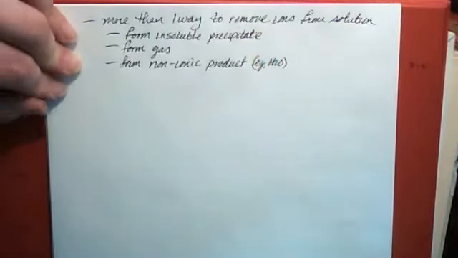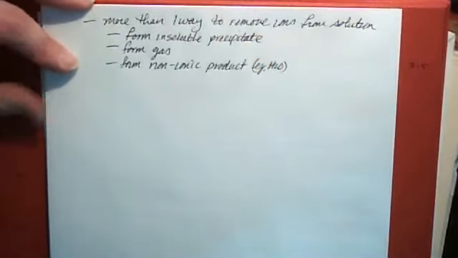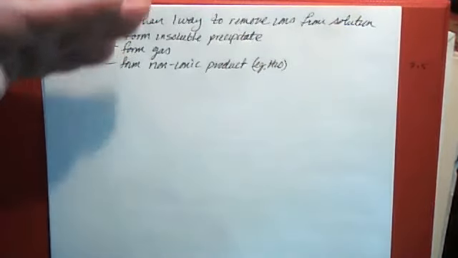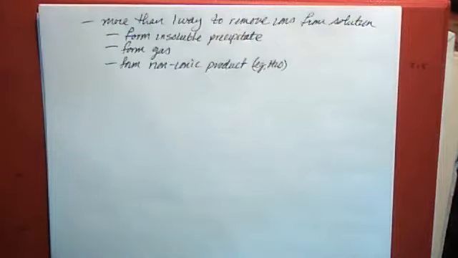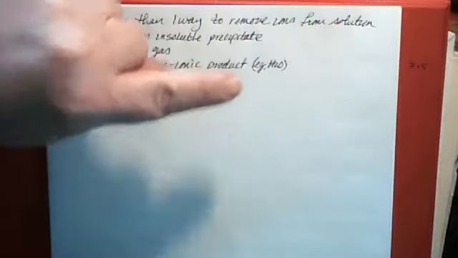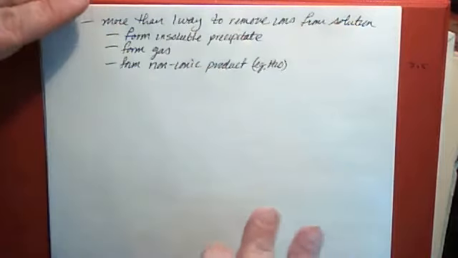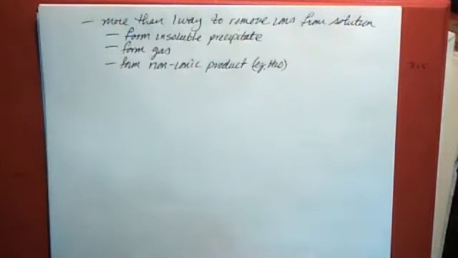Another way would be to form a product that's not ionic, like water. You know, water is certainly soluble in water, but it's not an ionic compound, so it's not ionized. So the ions that go into forming the water, well, technically, I guess they're still in solution, but they're no longer ions. And so that would be a way of removing ions from solution.